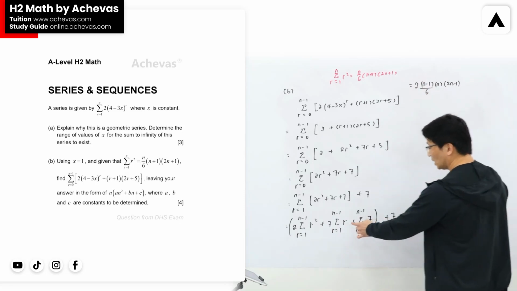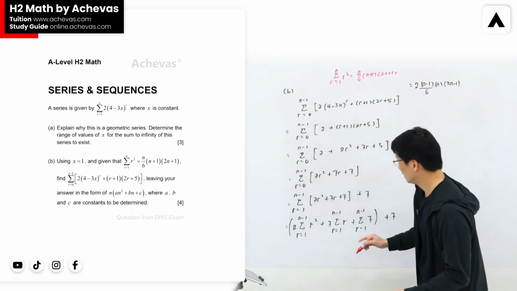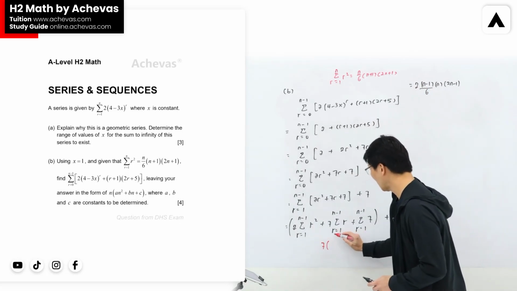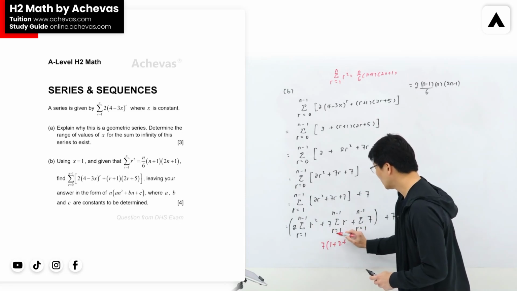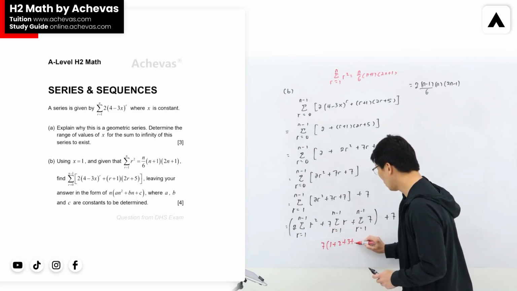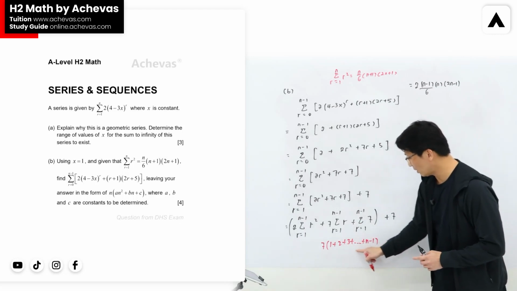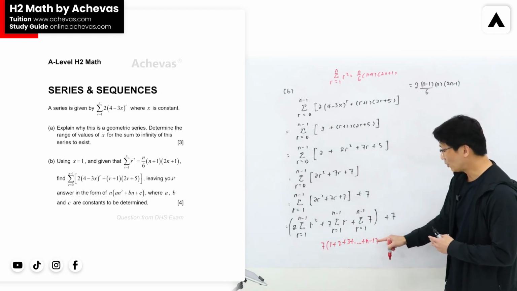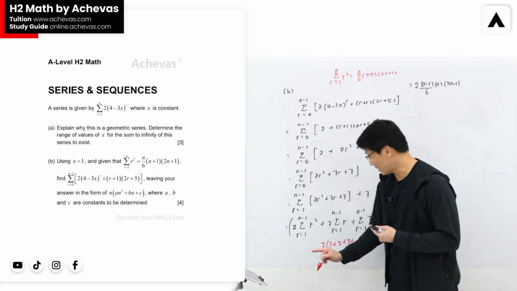For this particular term here, if we can see, actually, this is an AP because I will be subbing r equal to 1, we have 1. Sub r equal to 2, I got 2. Sub r equal to 3, we have 3, all the way until n minus 1. So in fact, this is our AP. I'm going to make use of the sum of an AP, which is n over 2 times 2a plus l.